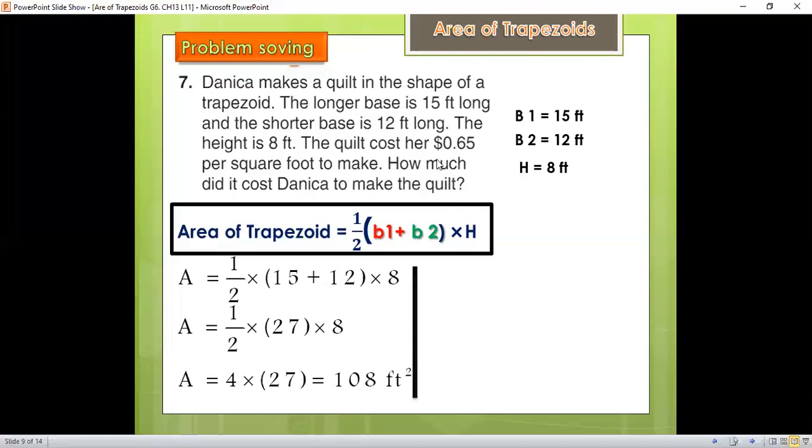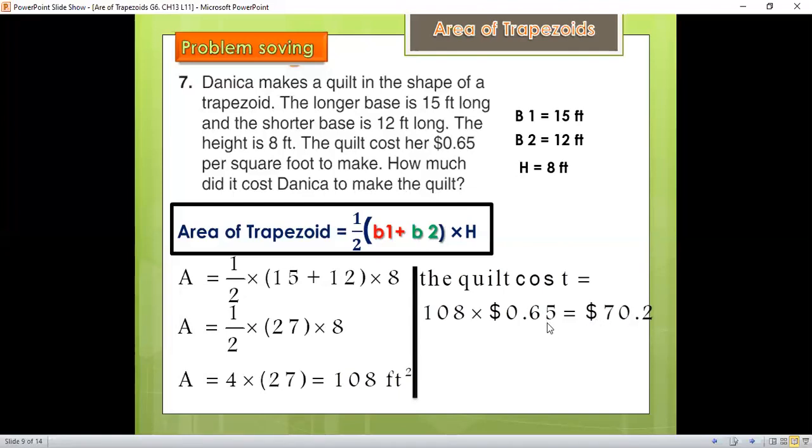Then $0.65 is repeated how many times? 108 times. Then the cost is 108 multiplied by $0.65, which equals, by multiplying, $70.2.